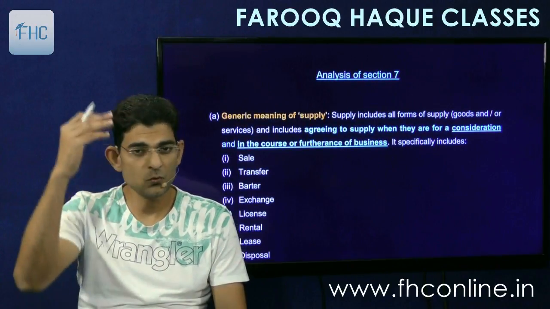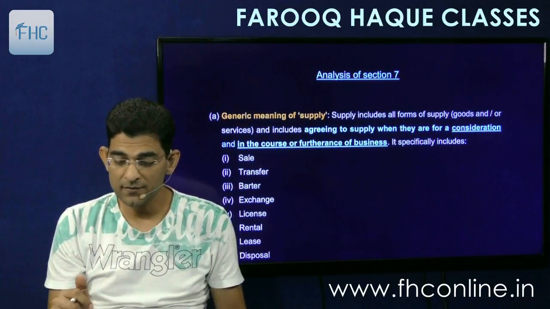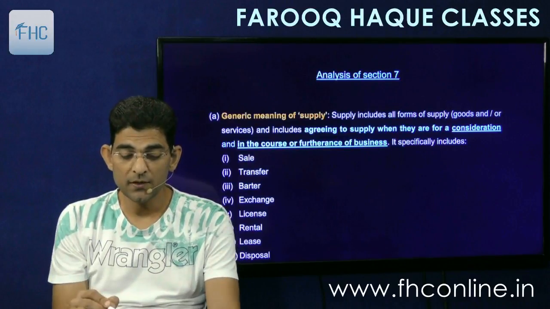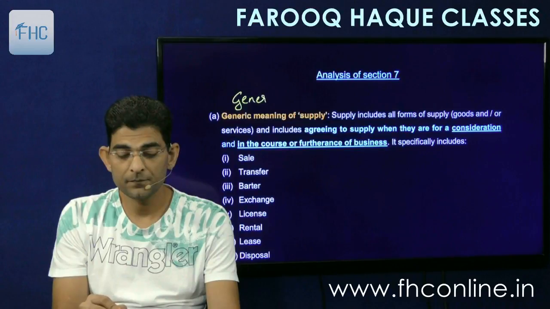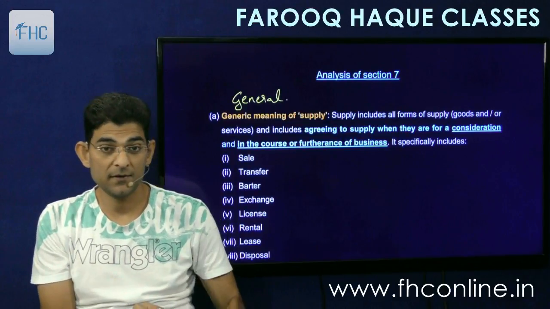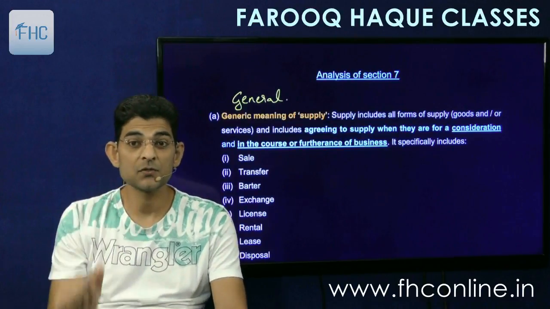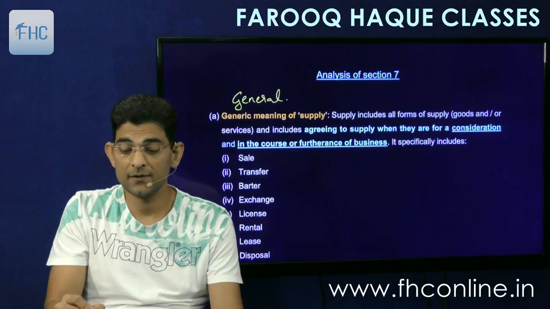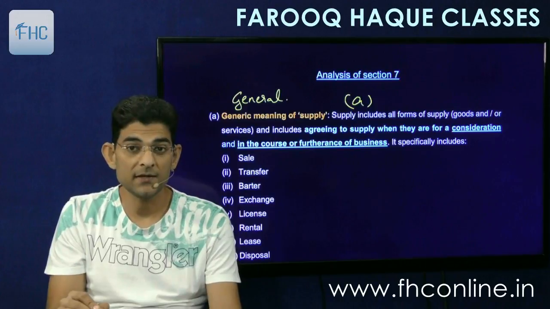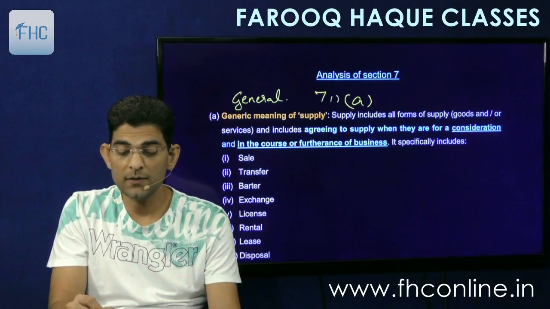Now let's just go through the analysis part. Firstly, we saw the generic meaning. Generic meaning means a general meaning, the derived meaning, genetic features of the definition of supply, and that is basically clause A. This is given in section 7 1A.